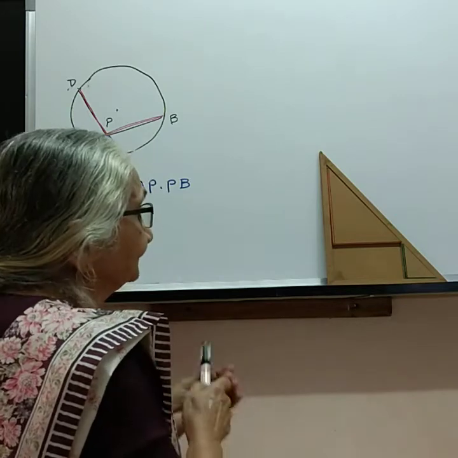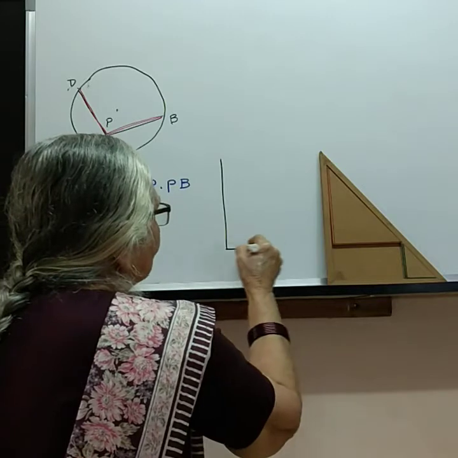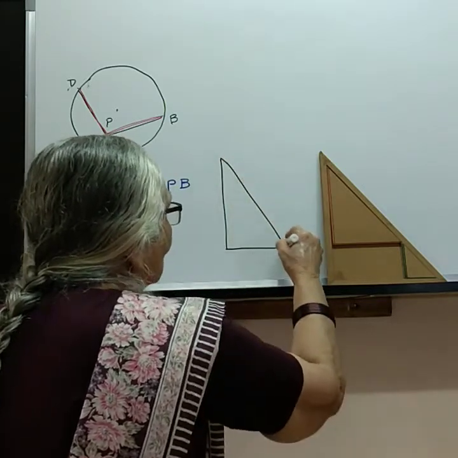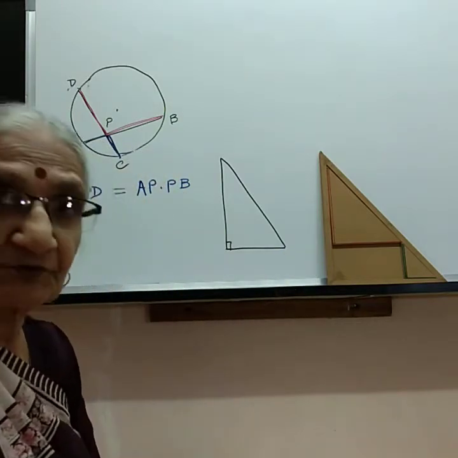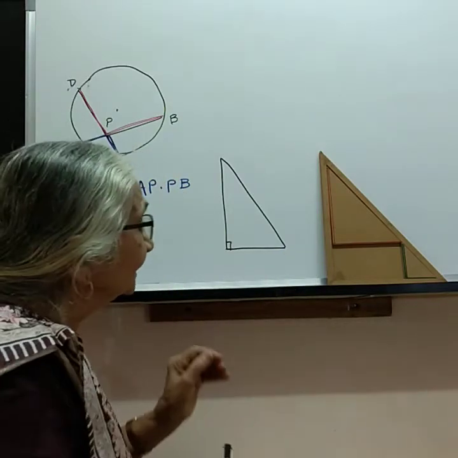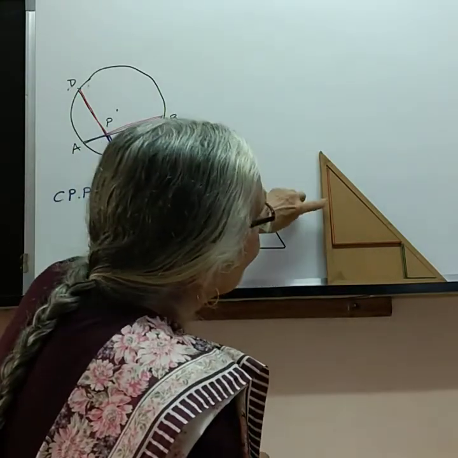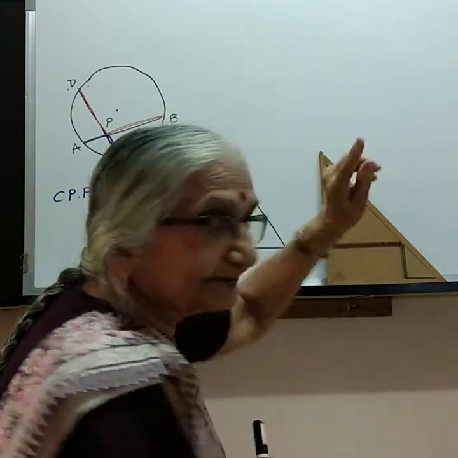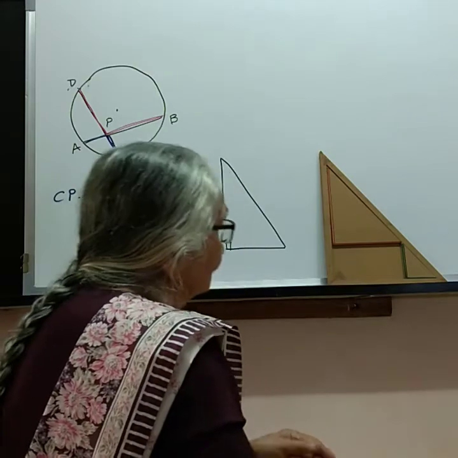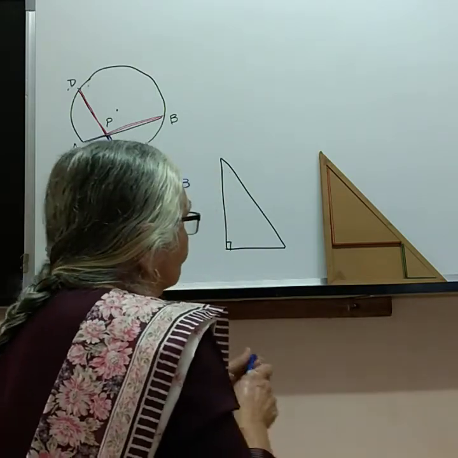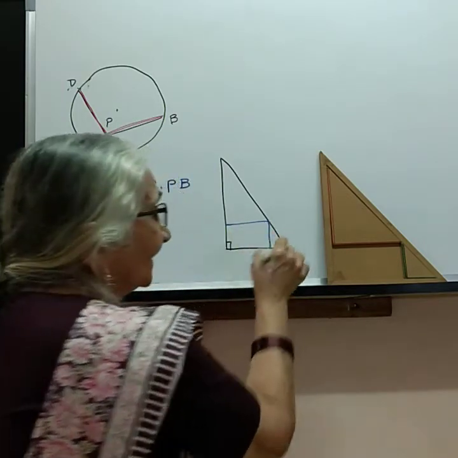Now let us see. We know that it's got to be a right triangle, so we simply draw a right triangle. But now what is important is, what are the lengths of the two sides which form the right angle. This length is double red plus double green. I'll draw the figure first. The figure is something like this.